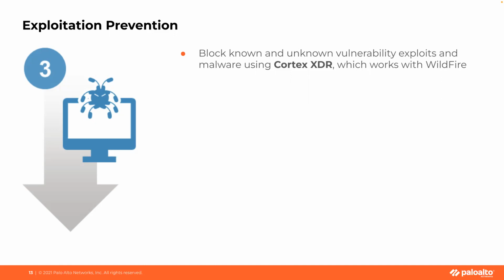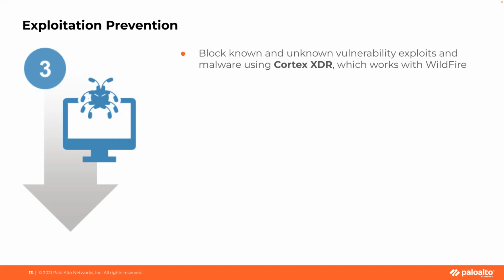What we can do here is use Cortex XDR, which is a software product from Palo Alto Networks, which runs on the endpoints and blocks known and unknown vulnerability exploits and malware. What this means is that apart from using WildFire, signatures and machine learning to block virus files, it can also block both known and unknown vulnerability exploits because it targets the exploitation methods rather than particular exploits.